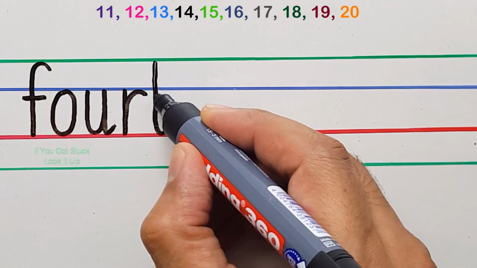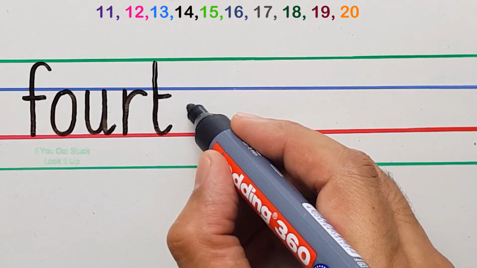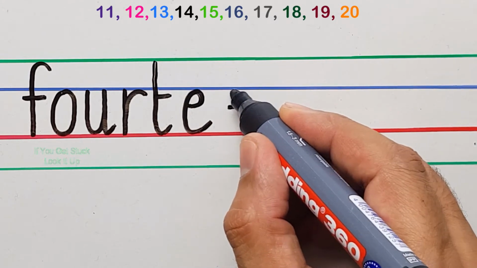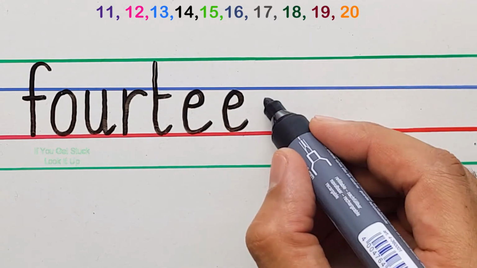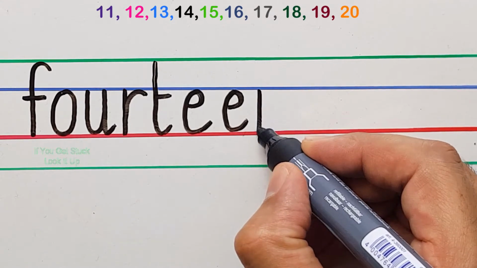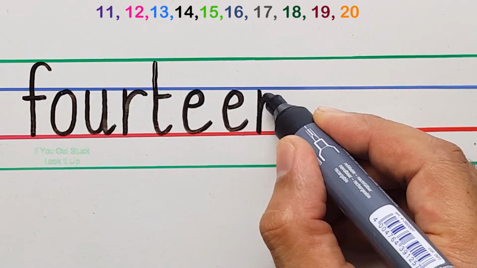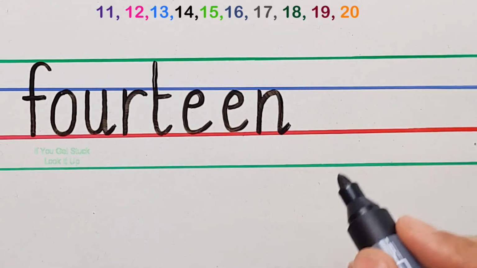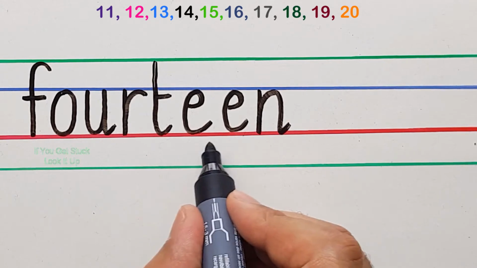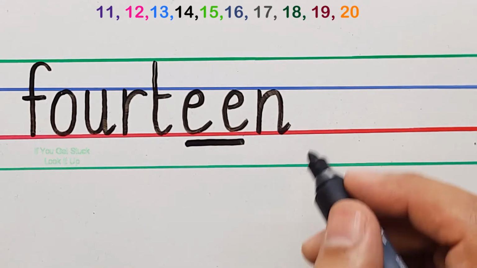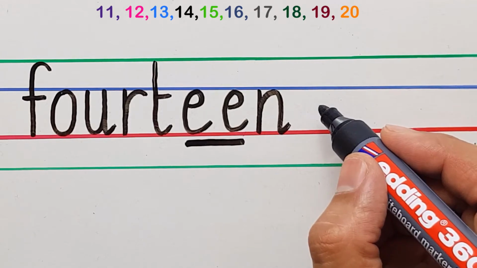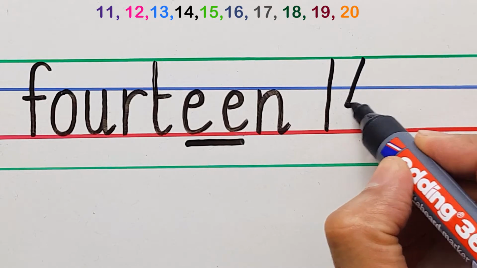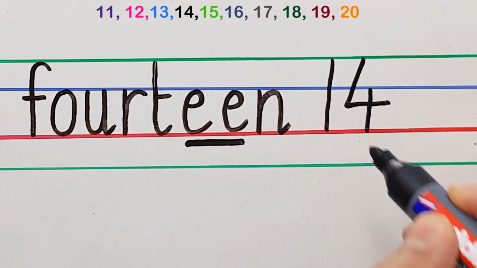T, E, E, and then N. Down to the bass line, up. As you get to the top, round it off, down to the bass line and flick. That's your 14. So remember the 2 E's give the E sound. Now, 1 and 4. 14.